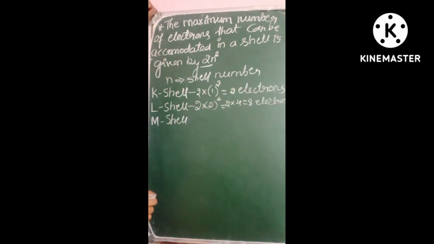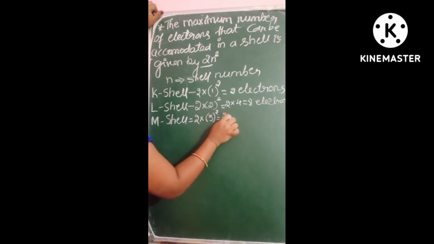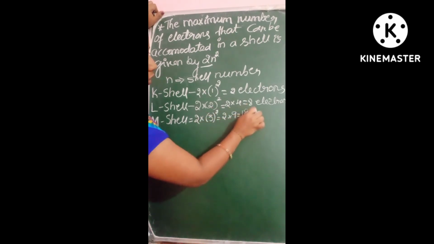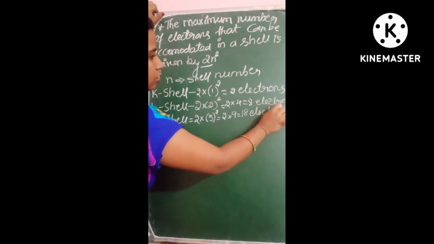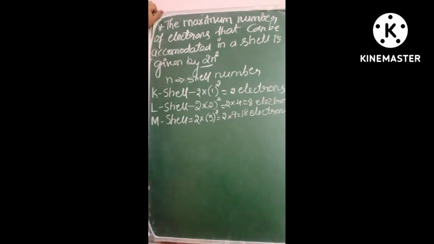In the M shell, it is 2 into 3 square, 2 into 9, that is 18 electrons.